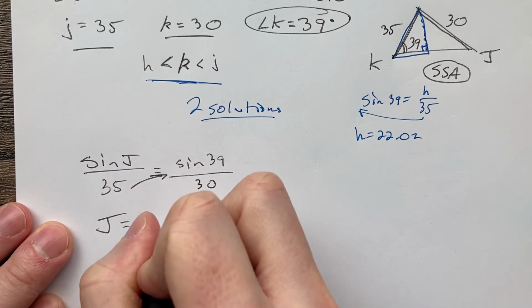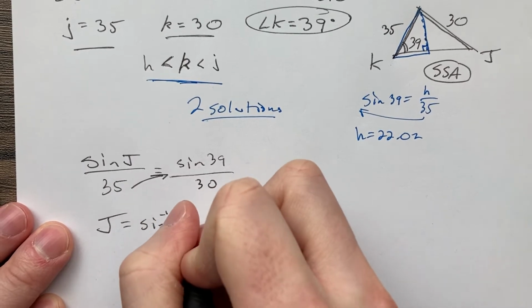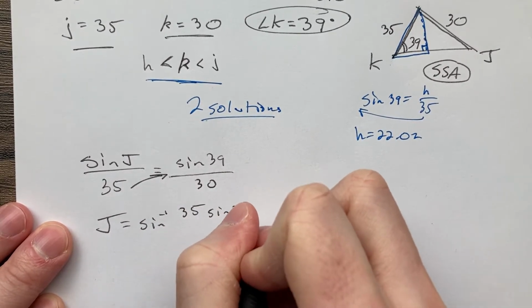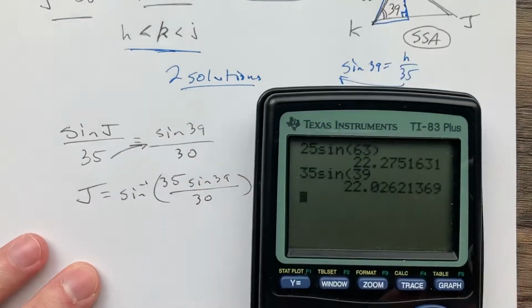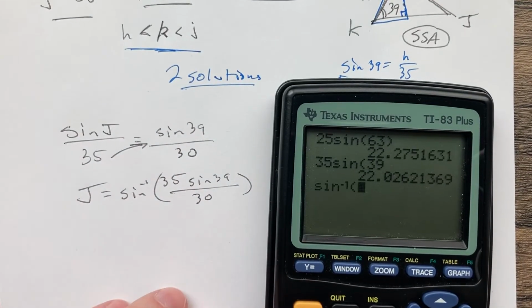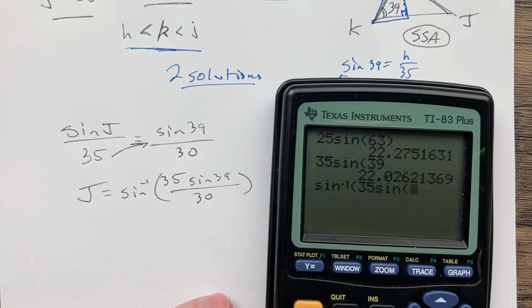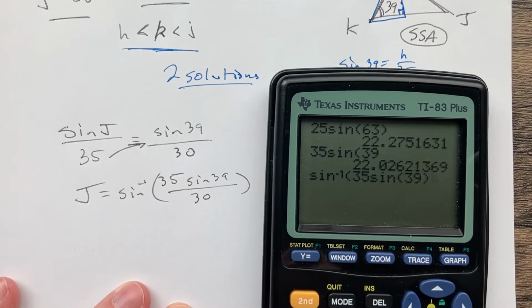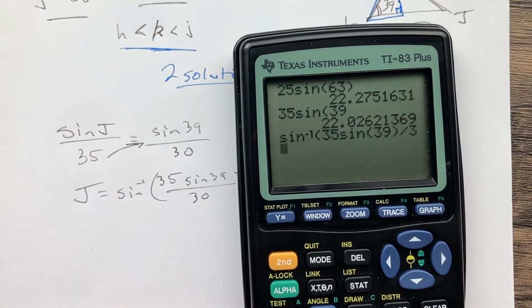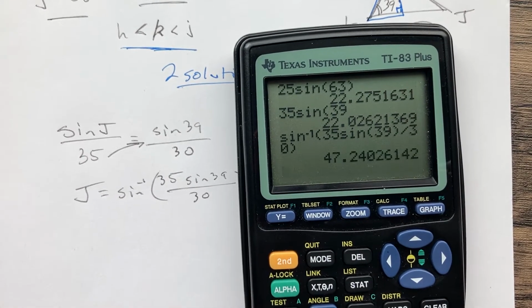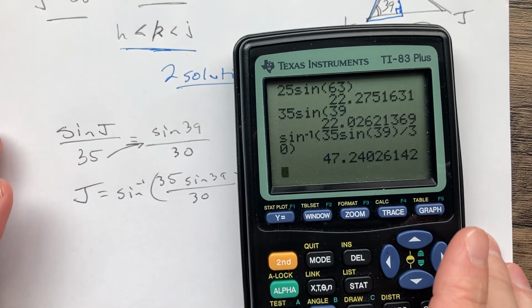So J is equal to sine inverse of 35 times sine 39 over 30. So sine inverse 35 sine 39, closing the parentheses around that 39. And then dividing by 30 gives us 47.24.